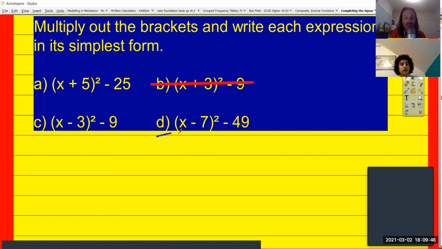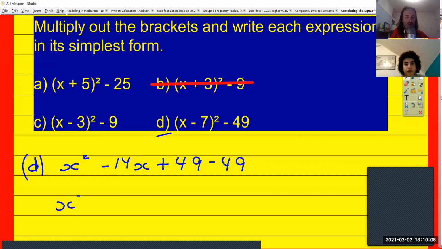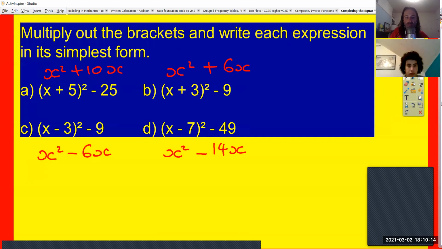Let's try just D, the last one. It will be x squared minus 14x plus 49. So minus 1, and it will just be x squared plus 14x. If you subtract the c, then you have that.